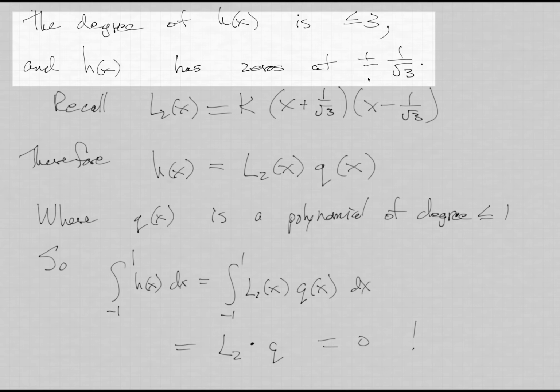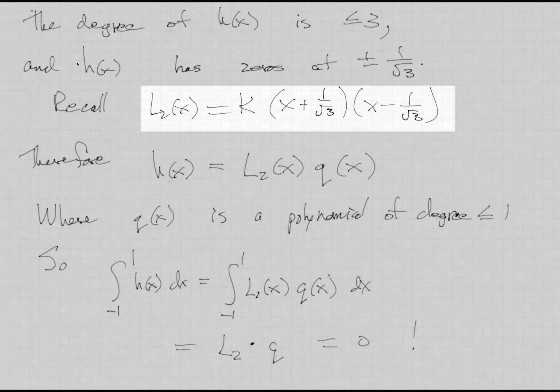Now, of course, -1 over radical 3 and +1 over radical 3 were also roots of the Legendre polynomial of degree 2. So that can also be factored in the same way. That means that the Legendre polynomial looks pretty much like two of the factors of the polynomial h, right?